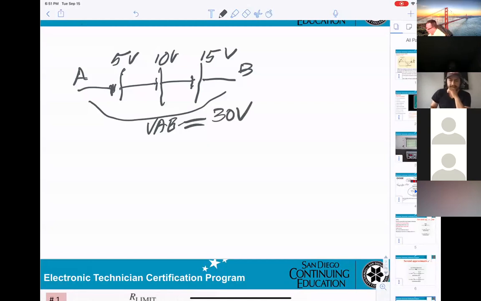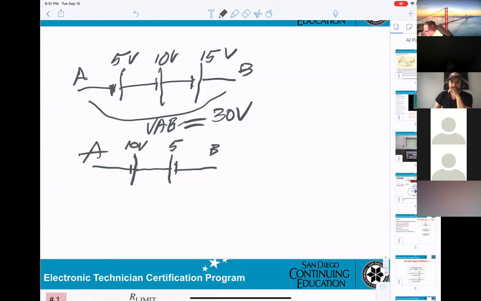Okay? If they connect positive to negative, add them up. And now, if you get a power supply here, connected to another power supply here, A here, B here, 10 volt, 5 volt.